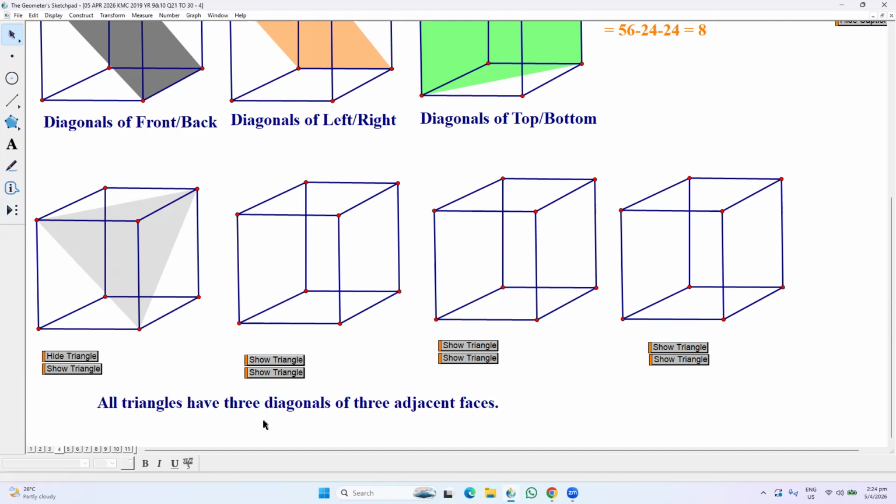All triangles have 3 diagonals. The edges are all diagonals of a face. If we close this one, we get the other one. We use the top face, but we join to the bottom. Again, this is a diagonal. So there are 2 of them.